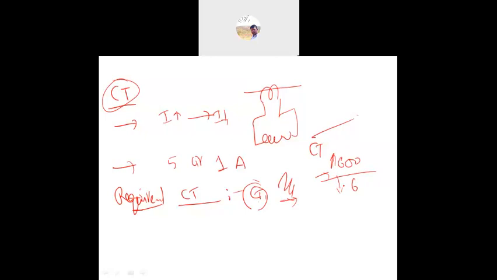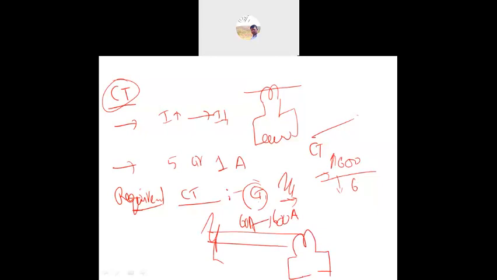Suppose a distribution line has a rating of 60 amperes, but if a short circuit fault occurs, it goes up to 600 amperes. At that time the current transformer has to withstand it and give the required current to the relay.